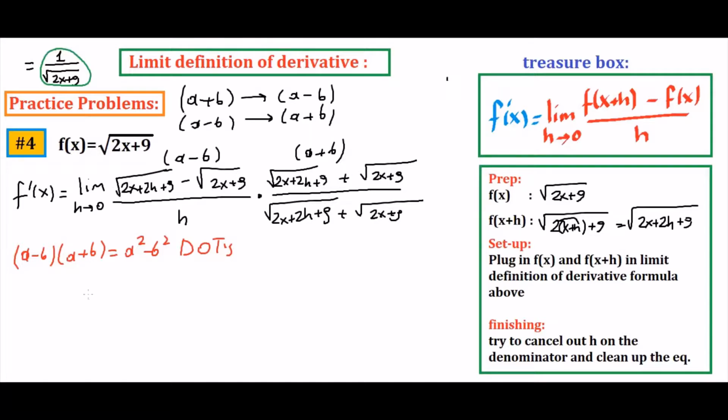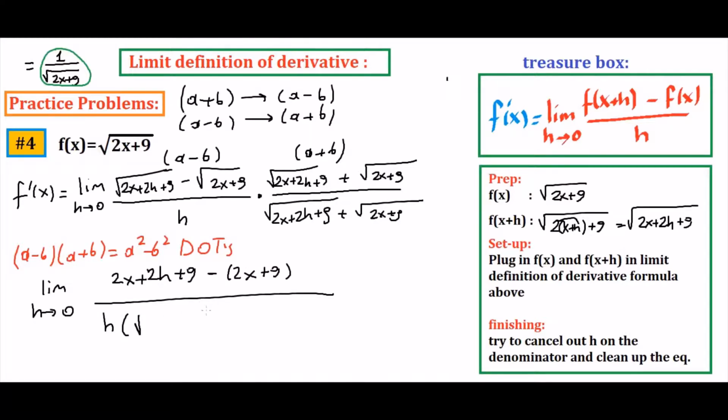So we square the first term. The limit as h approaches 0, the square of the first term, the square cancels the square root, so 2x + 2h + 9, minus the square of the second term, 2x + 9, and on the bottom we have h times (the square root of (2x + 2h + 9) plus the square root of (2x + 9)).